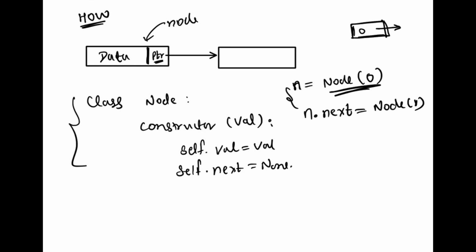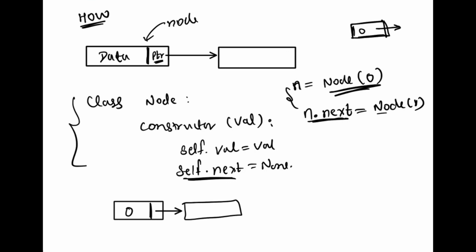Let's see. So n is a node, and it has a value of 0, and it points to nothing. But then with n.next, I'm updating this pointing variable. So now this is going to point to a node, an object. This is our object Node.